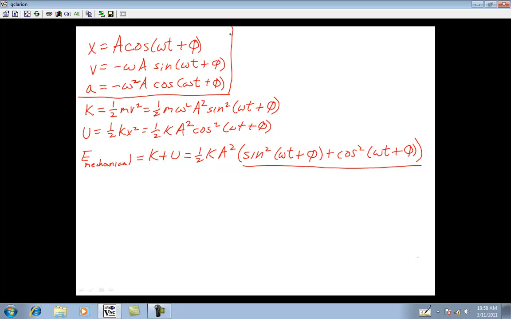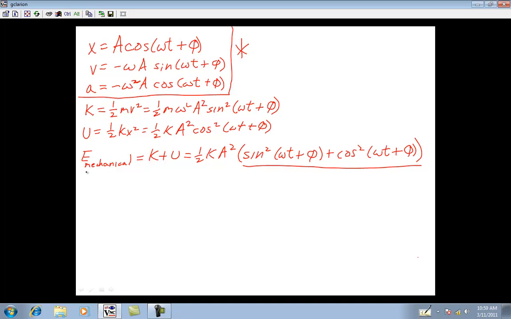All right, listen up. This is the part that we already know, and we're just plugging those into the kinetic energy and the potential energy equations.